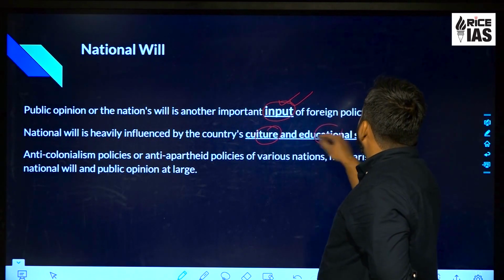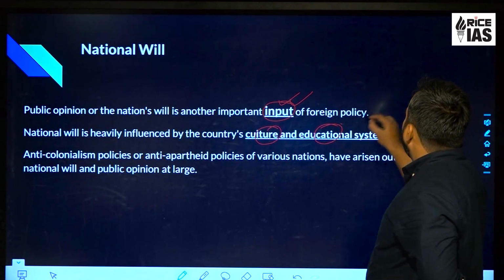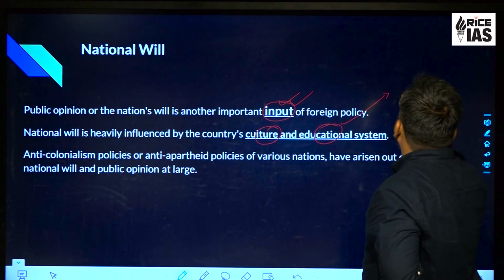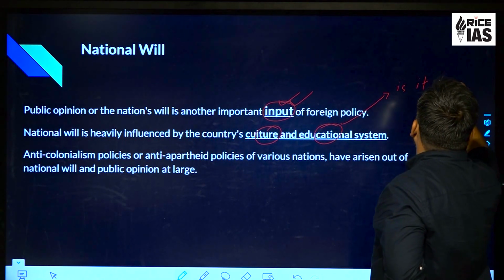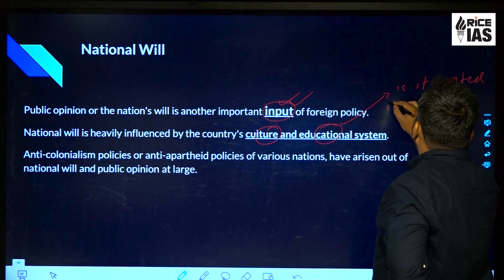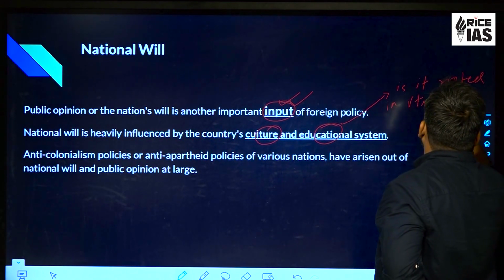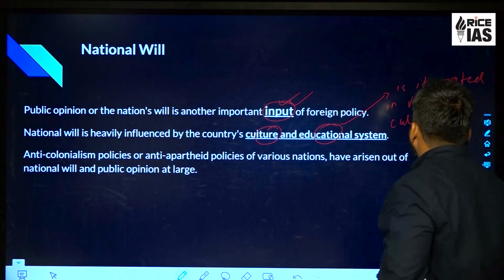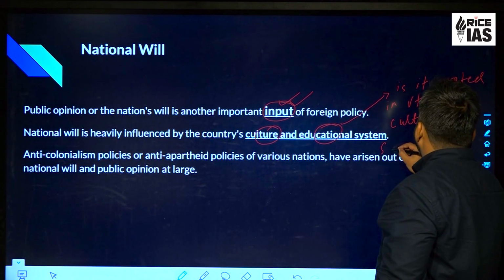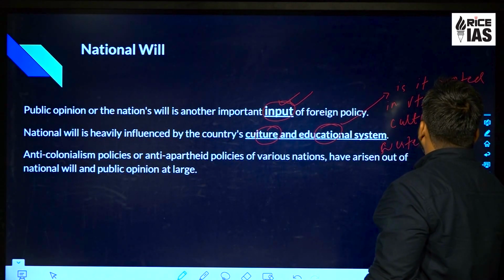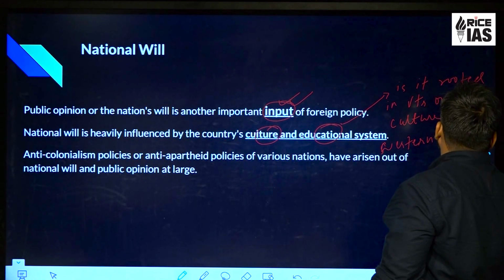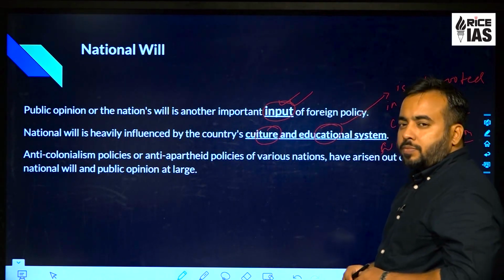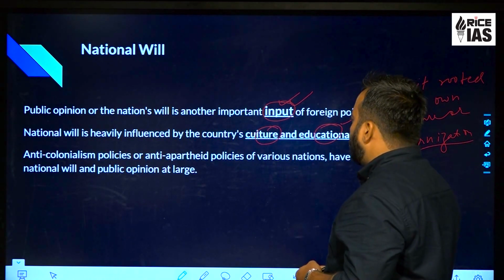Culture, education system: is it rooted in its own culture, or has it given way to westernization or Americanization, or has it tried to align itself with some regional groupings or power blocs?